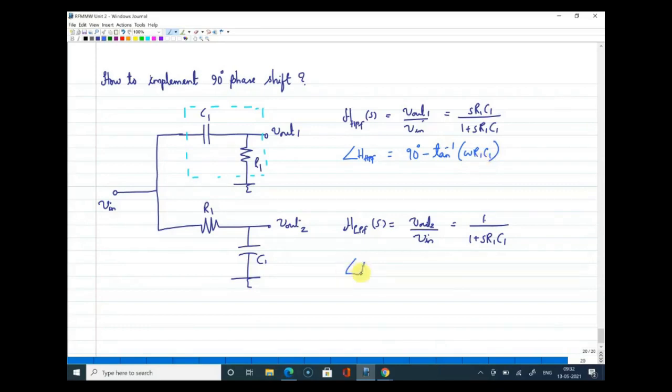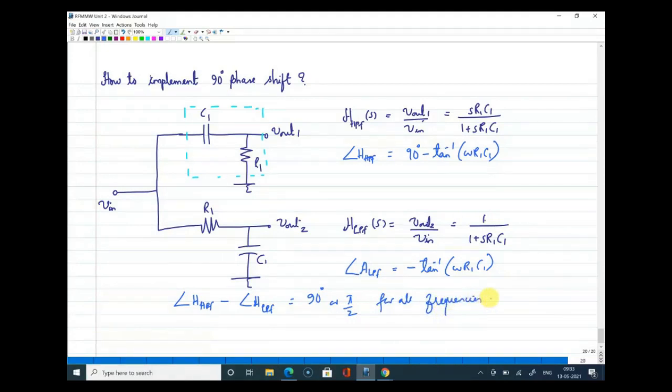And for the lower arm, it is minus of tan inverse omega R1 C1. So now if I take the difference between these two, you will get 90 degrees or pi by 2, both are same, for all frequencies.